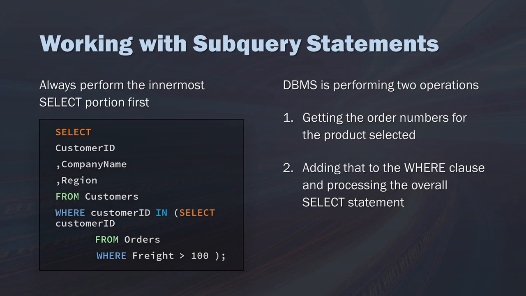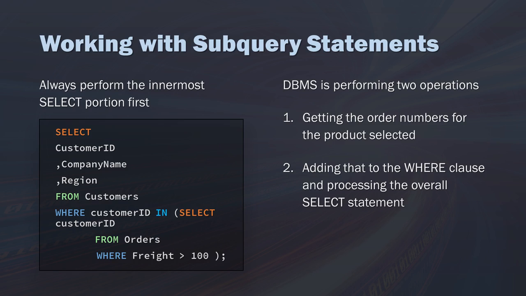A good way to think about this is that the query statement is always going to perform the innermost select portion first. It's going to say, okay, I've got the customer IDs where the freight's over 100, and then it's going to sit there with them.